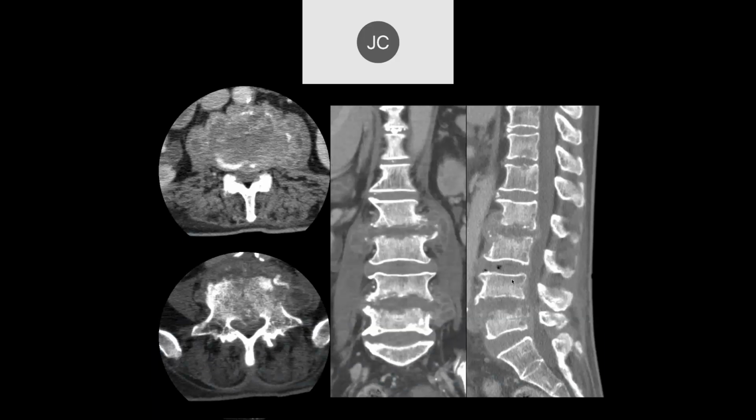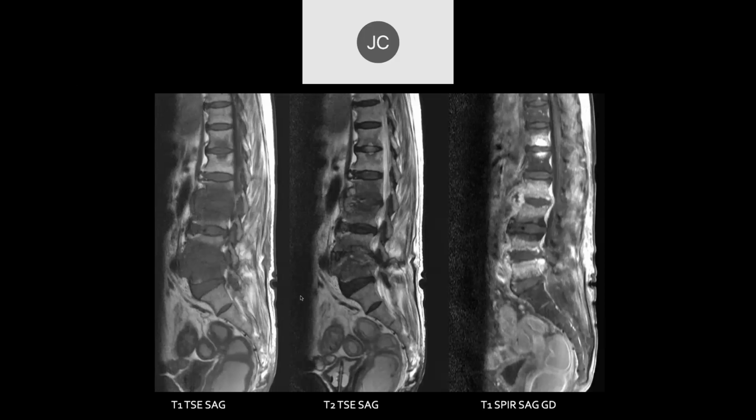So there's CT, axial and coronal and sagittal, showing multi-level end plate destruction and disc destruction as well. Looks like there's some extension of soft tissue anteriorly, spanning from maybe L3, and extending out into the psoas muscles.